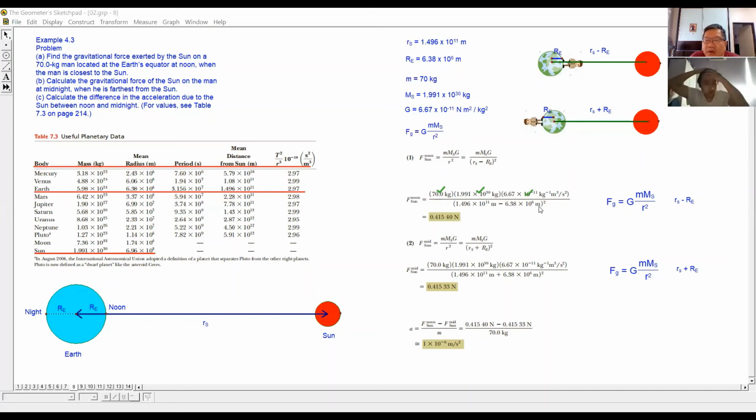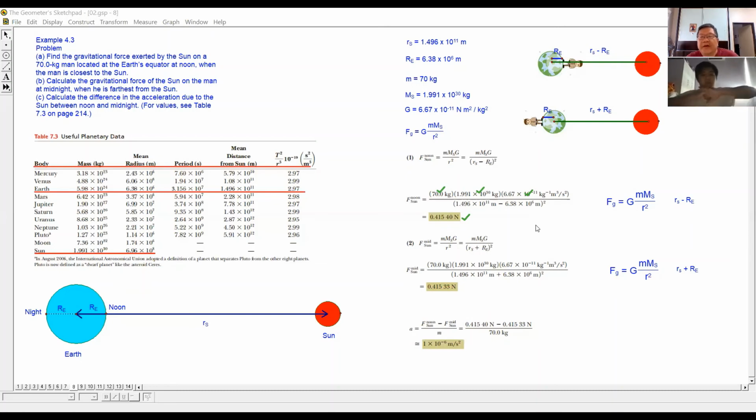The distance between them is the distance between the sun and the earth minus the radius of the earth. But you have to put a square there, right? The square of the distance. So the answer is 0.41540 Newton. So it's very small, less than half a Newton, the attraction of the sun on the man.